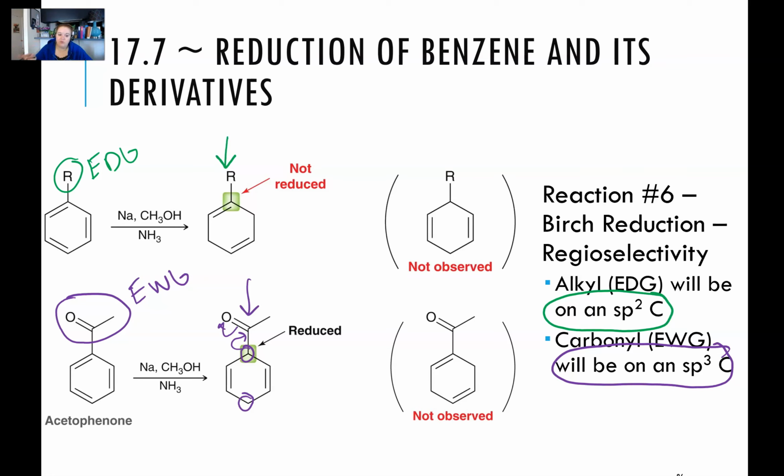The carbon already has an extra lone pair, so we would want to keep those substituents away from the two carbons that are going to end up with the lone pair. So these two carbons will have the lone pair on them. We want to keep our electron donating substituents away from those two positions. So this is our regioselectivity for this reaction.